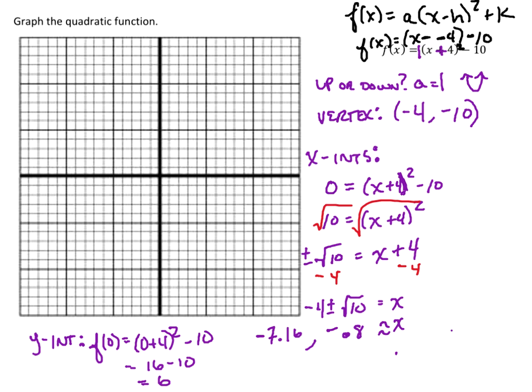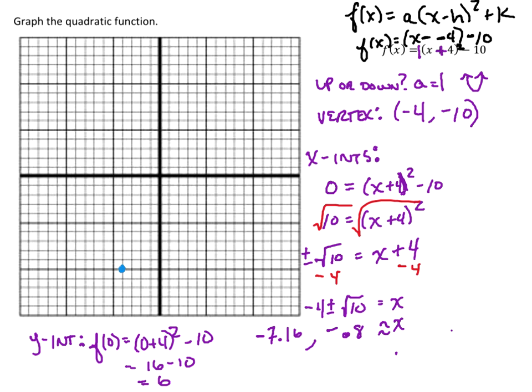So now I'm just going to plot all 4 of these points that I have found and graph my parabola. My vertex is negative 4, negative 10. 1, 2, 3, 4, and down 10 puts me about right here. I have x-intercepts of negative 7.6, or I'm sorry, 7.16, so 7 and some change.